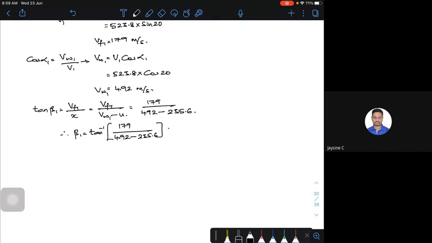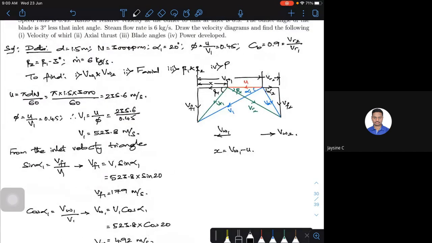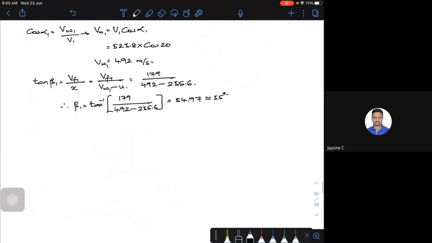So what is the value? 34.97, so roughly 35 degrees. You can round it up to 35 degrees. So what is beta 2? Again from the problem, beta 2 is 3 degrees less than your beta 1. Therefore beta 2 is equal to beta 1 minus 3 degrees, that is 35 minus 3, it is 32 degrees. I got both my blade angles.